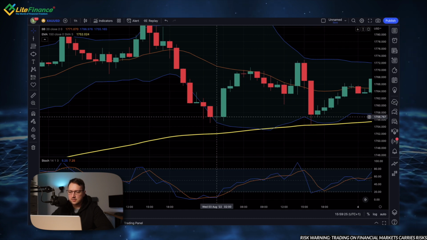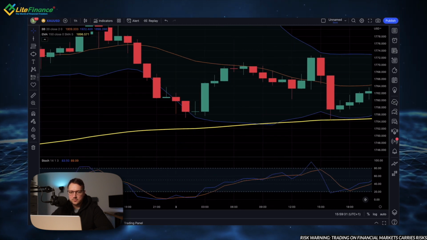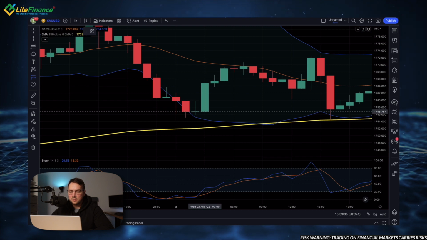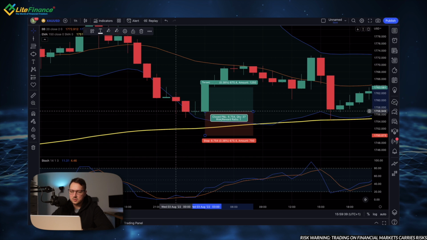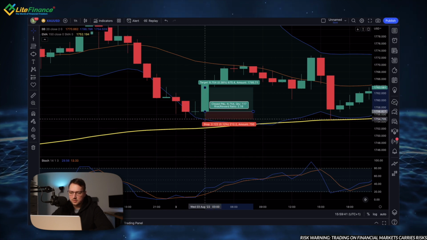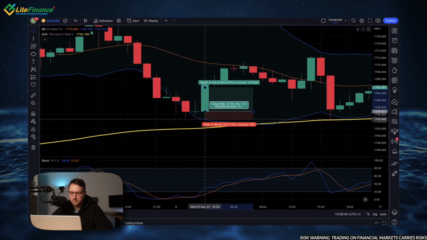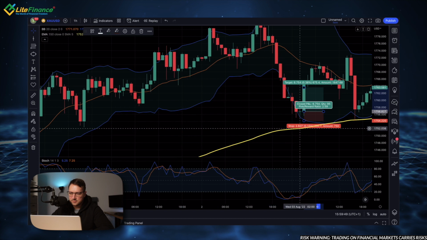So we would enter at the opening of this first candle. This candle closed inside, therefore we are opening at the level of opening of the next candle. So it is over here. As for the stop loss, again we are looking at the left side. This is our nearest lowest point. Let's check the left side.